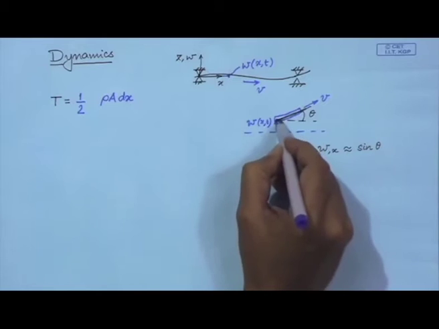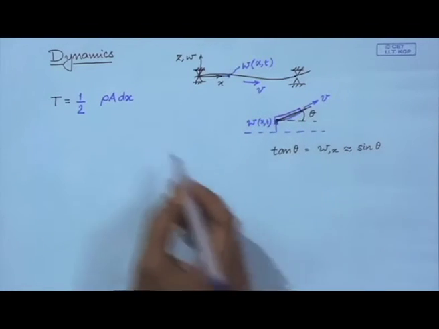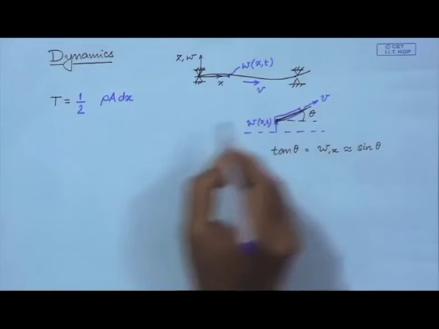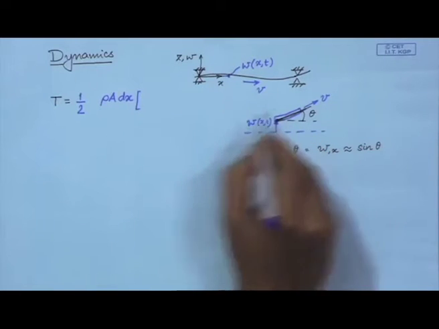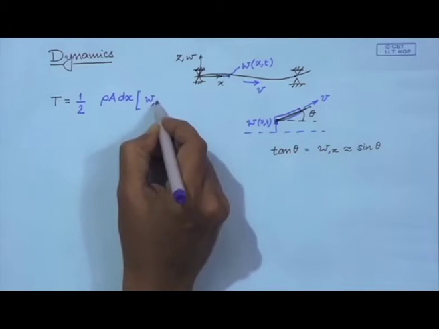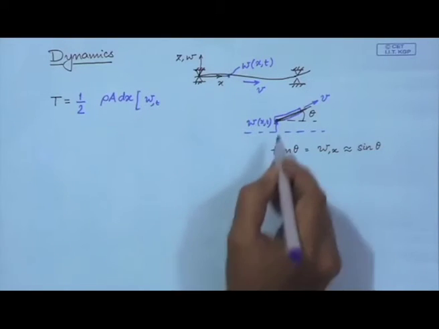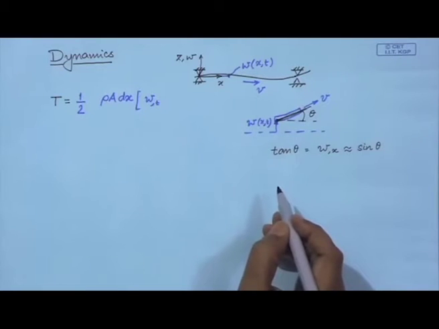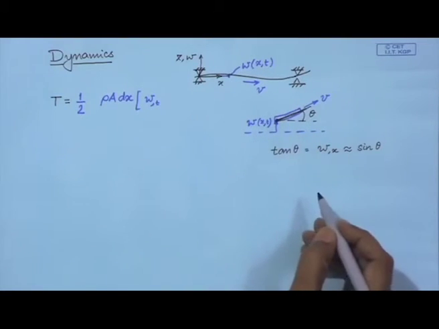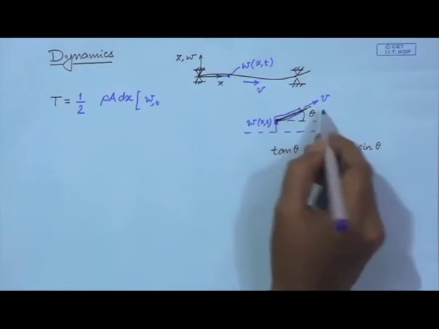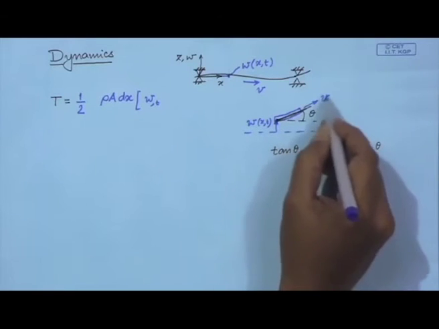and it has got velocity not only in the transverse direction, but also in the horizontal direction. The transverse direction velocity is a combination of this del w del t, which is the local time derivative, and there is a convective part because of its velocity.